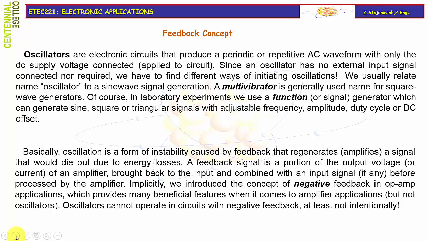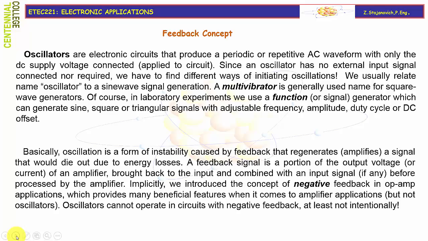A multivibrator is the generally used name for square wave generators. Of course, in laboratory experiments we use a function or signal generator, which can generate sine, square, or triangular signals with adjustable frequency, amplitude, duty cycle, or DC offset.